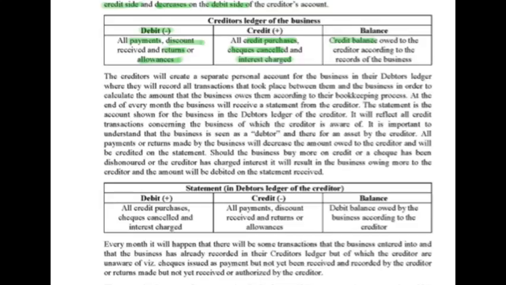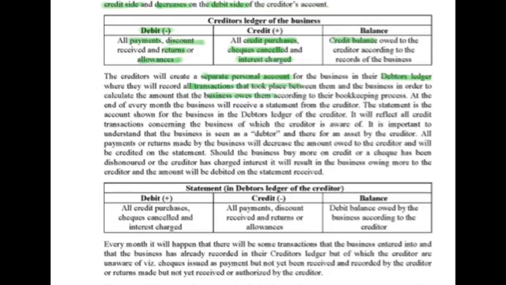records of the business. So the creditor will create a separate personal account for the business in their debtors ledger, because for them, we are a debtor, where they will record all transactions that took place between them and the business in order to calculate the amount that the business owes them according to their own bookkeeping process.